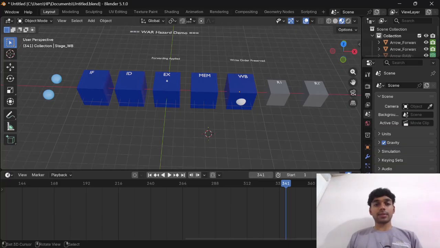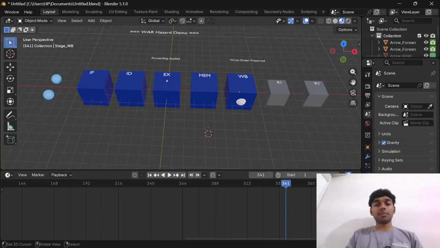Now let us look at our third dependency, WAR, write after read. Basically what happens here is, when the first instruction is reading from the registers in the final stage, that is the write back stage, and at the same time the second instruction has to write something into the registers, then the dependency arises.